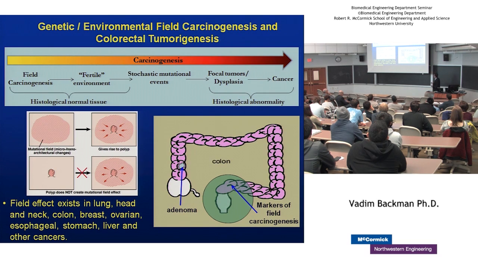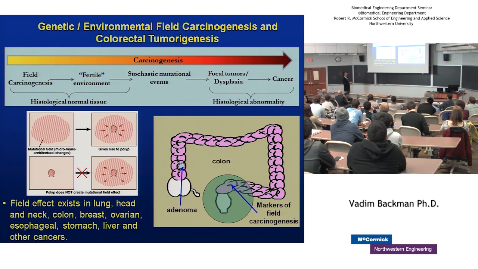This is a fairly common phenomenon described in essentially each and every solid tumor. So let me just reiterate, the important thing here is that it's not that the tumor causes field carcinogenesis. Field carcinogenesis leads the predisposed organ to the tumor.